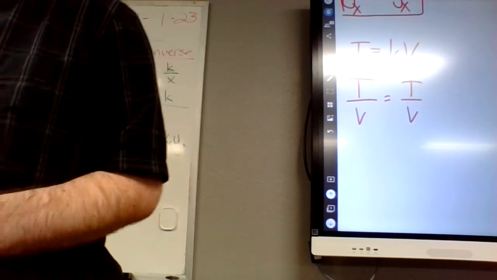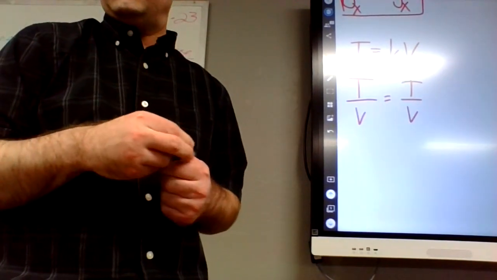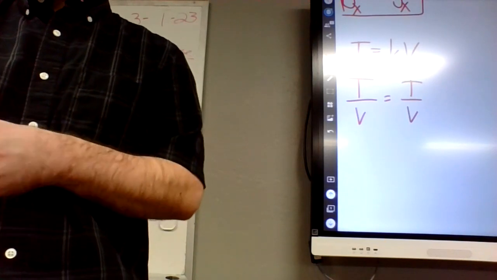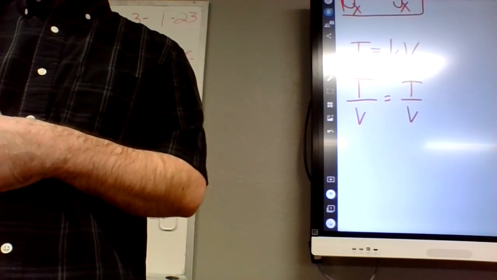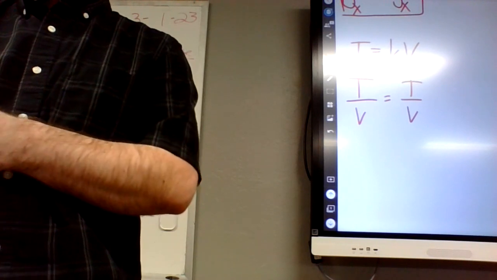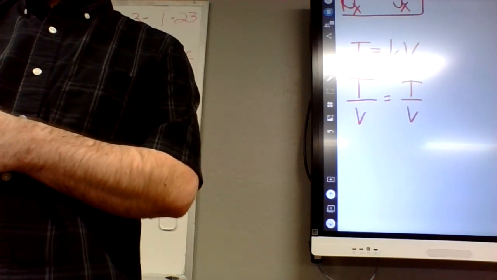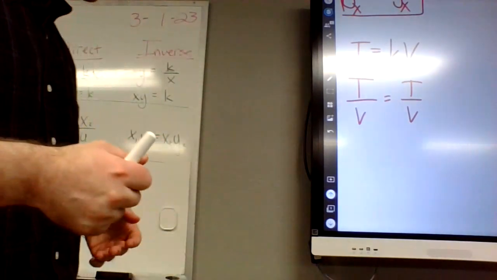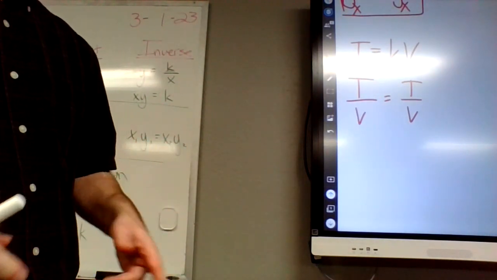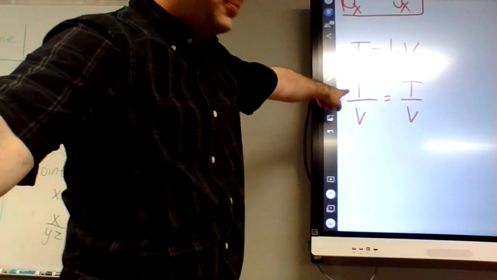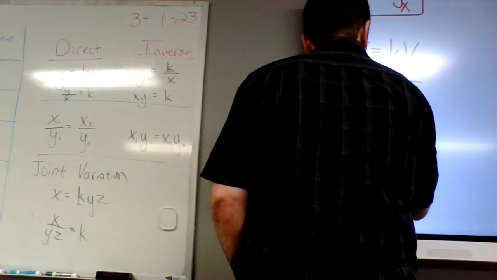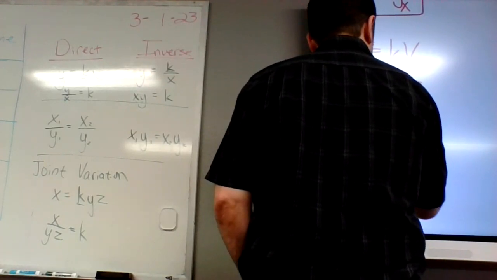It says determine the volume of a gas at 373 Kelvin if it occupies 2 liters at 273 Kelvin. This might be a little bit tricky. The 2 and the 273 actually go together, not the 373 and the 2. It doesn't really matter what you put on top, but I put T on my little thing here, so I'll put 273 on top with the 2 liters on bottom.